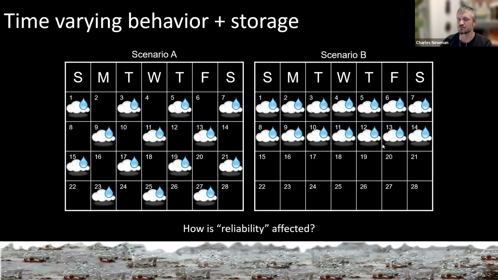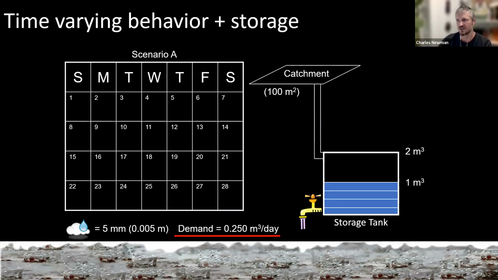Okay, so let's work through our numbers to help us understand why the variability of these rainfall events can be so critical when designing a rainwater catchment system. Let's start with scenario A. Each rainfall event in this example is going to be 5 millimeters of rain.